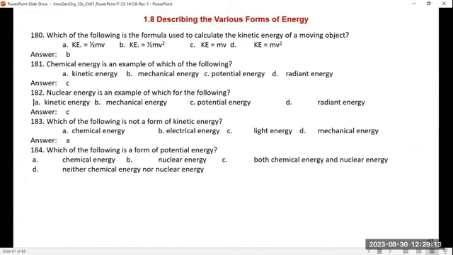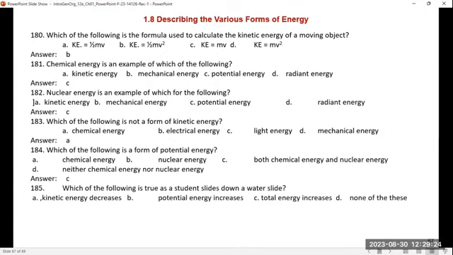Which of the following is true as a student slides down a water slide? Does kinetic energy decrease? No, as you go down, it increases. Potential energy decreases. Does total energy increase? No, total energy is conserved.